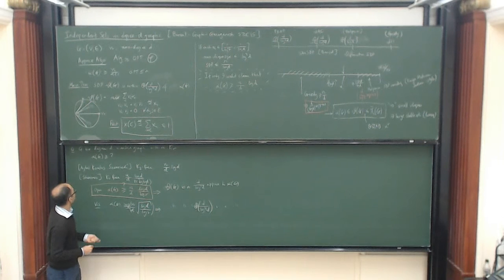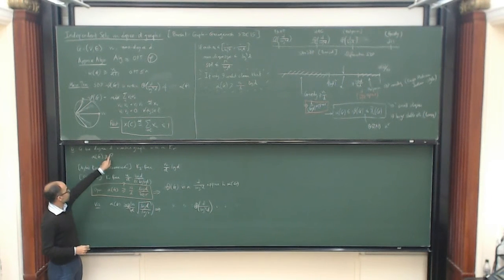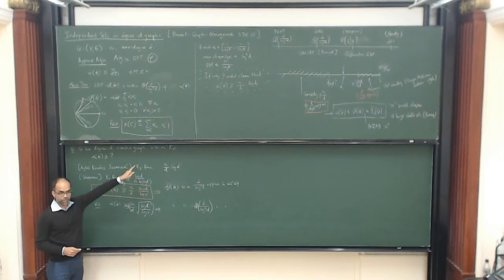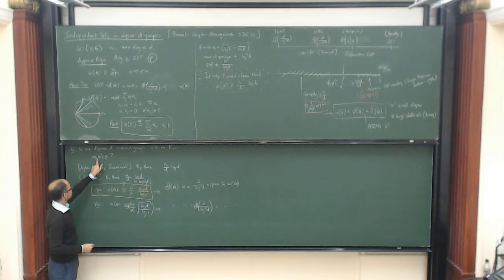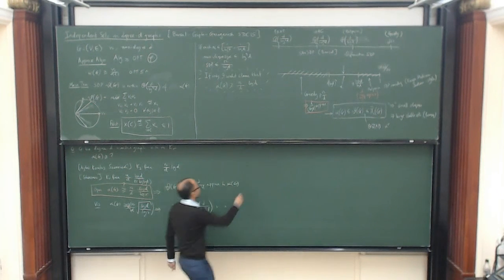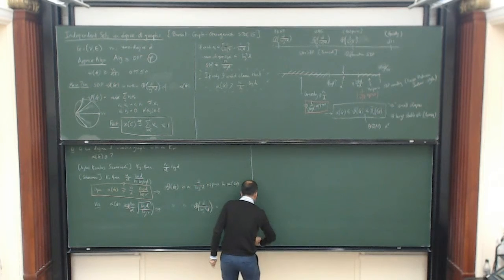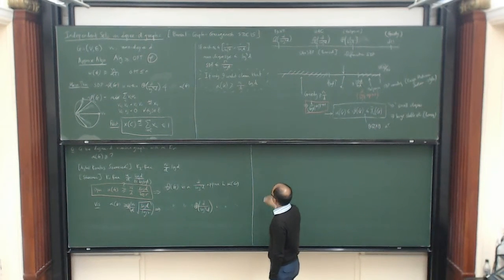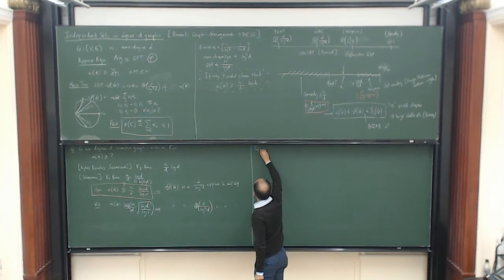Okay. So G is a degree D, n vertex graph with no K_R. This is asking what is the independence number.